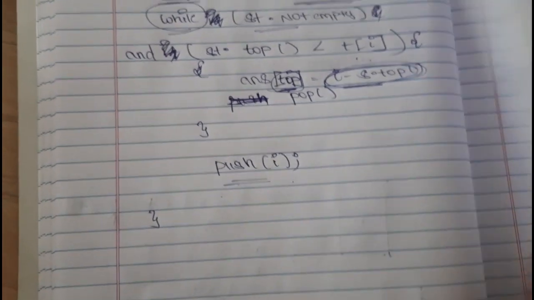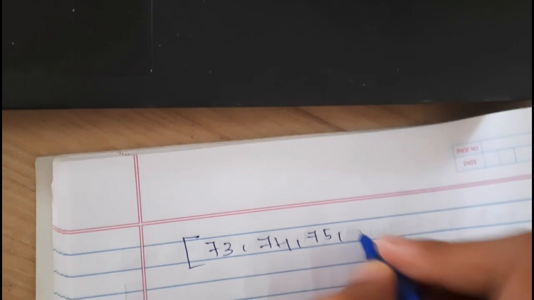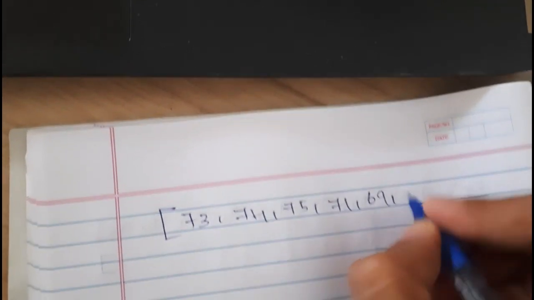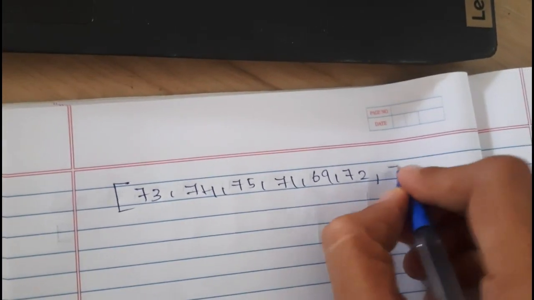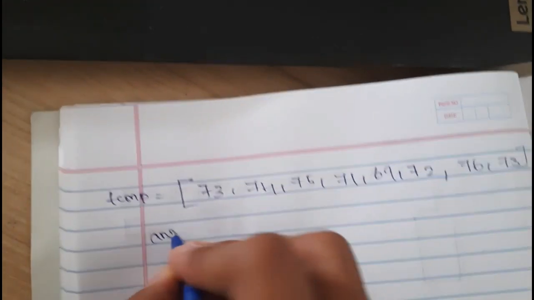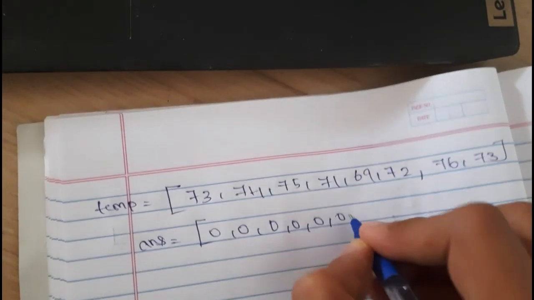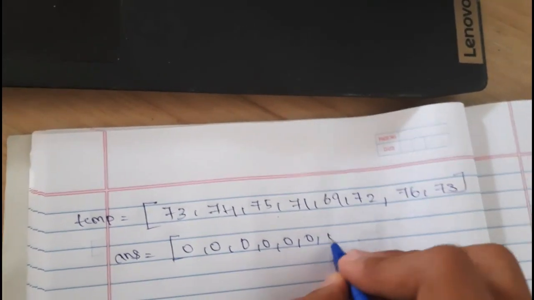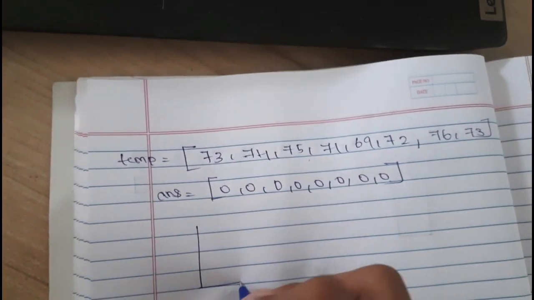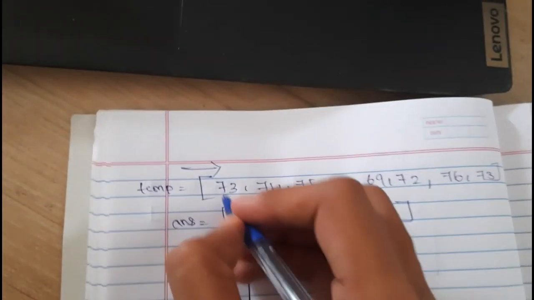So let's solve with an example. We have an array as 73, 74, 75, 71, 69, 72, 76 and 73. This will be our temperature array. We have an answer array where everything will be 0. Our initial stack will be empty. We traverse this temperature array.